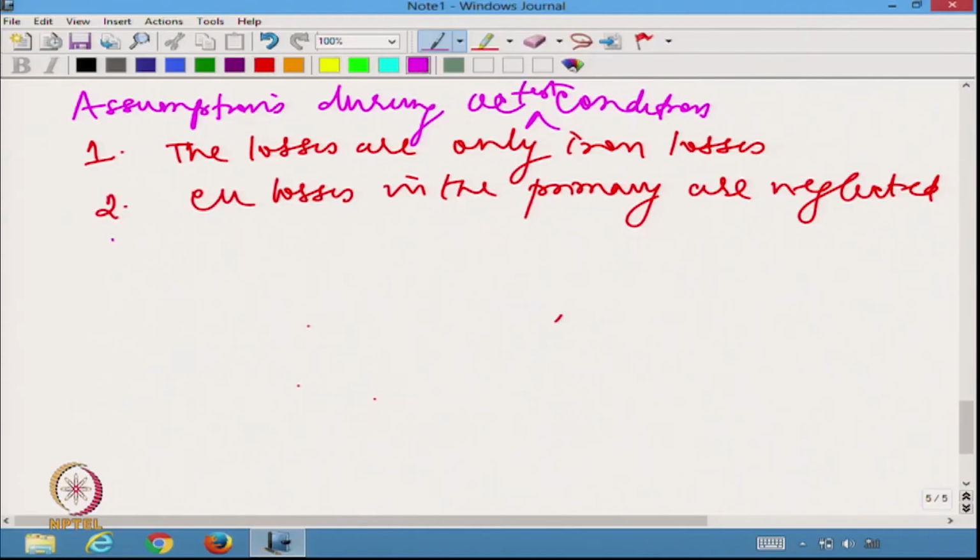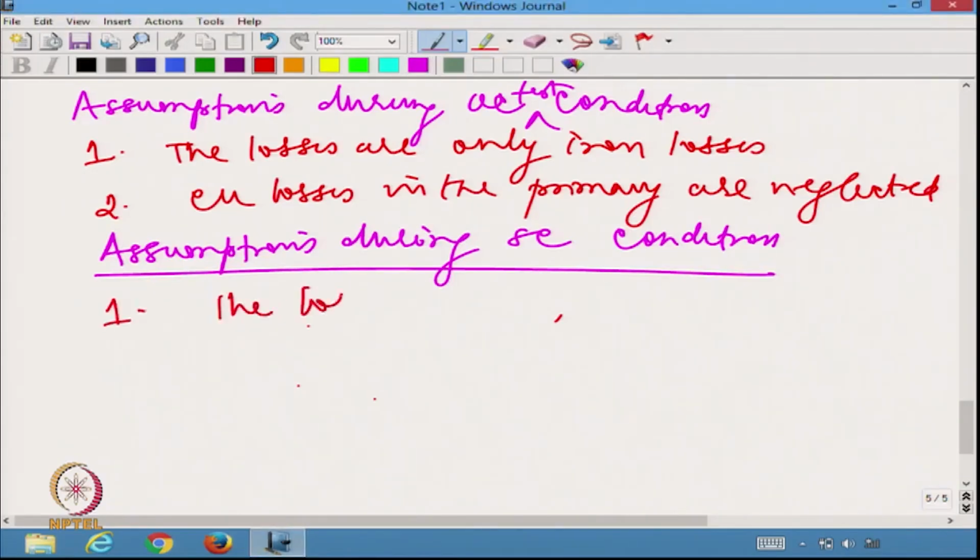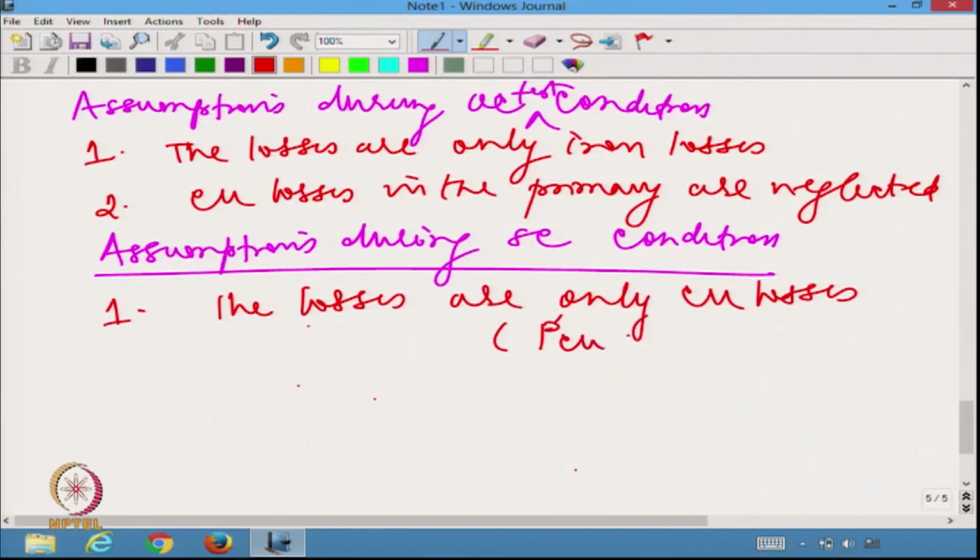Similarly, I can say assumptions during short circuit condition. We are going to look at only the losses as only copper losses, and that is actually PCU rated, that is rated copper losses.